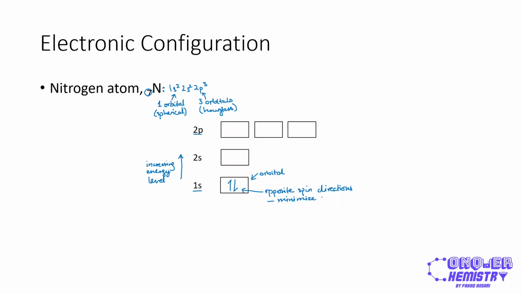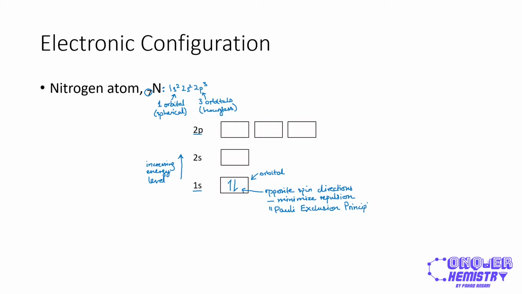This repulsion is minimized by keeping opposite spin directions for electrons in the same orbital. This rule, or principle, of assigning opposite spin directions is known as the Pauli Exclusion principle.